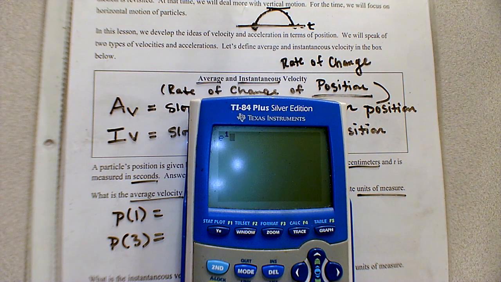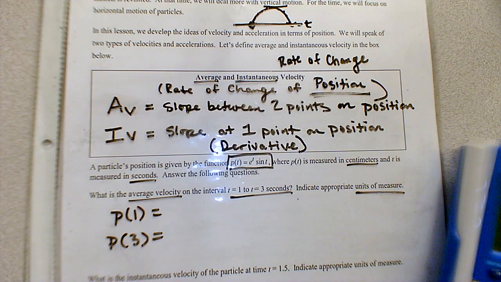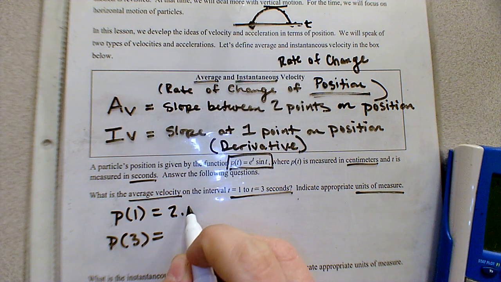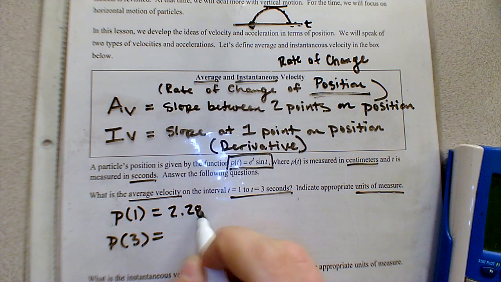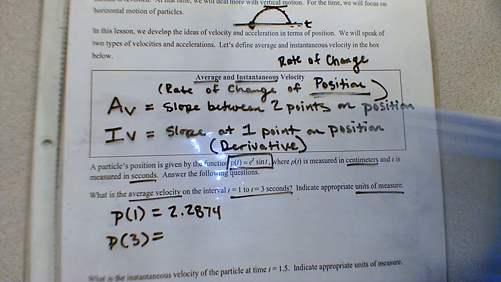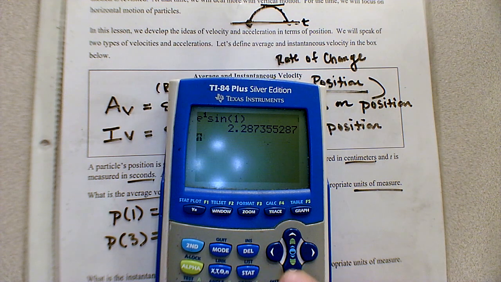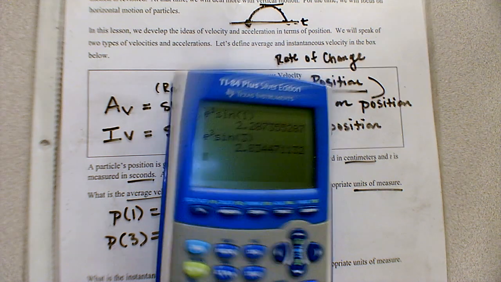So e to the first times sine of 1. We get 2.2874. All right, and I'm going to do the same thing, but plug in 3. 2.8345.